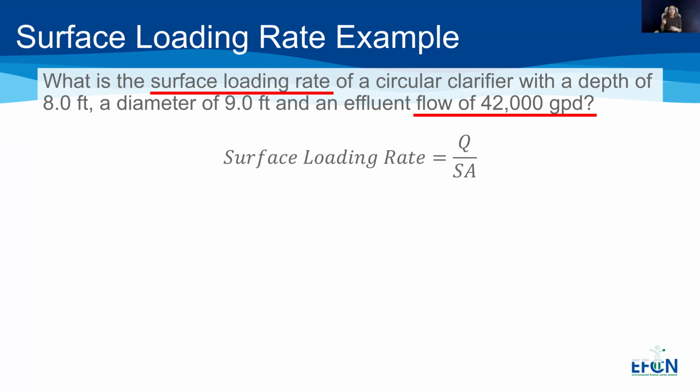This clarifier is a circular clarifier with a depth of 8 feet and a diameter of 9 feet. So here's our first poll question. We're going to practice some of that previous math that we've done, and I would like you to figure out what the surface area of the clarifier is, which we'll use to calculate the rest of our equation since we already have the flow.